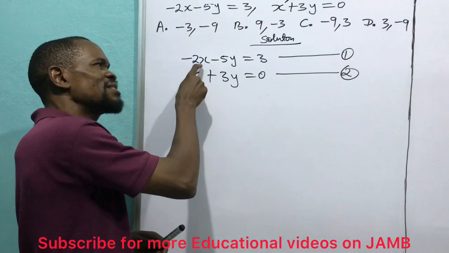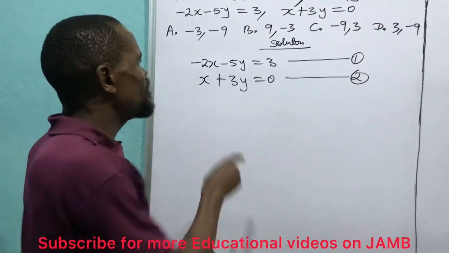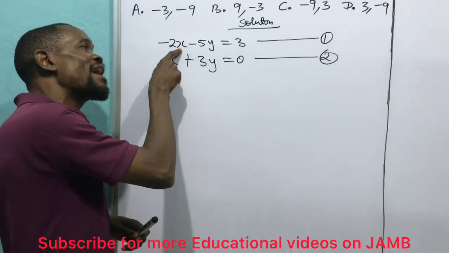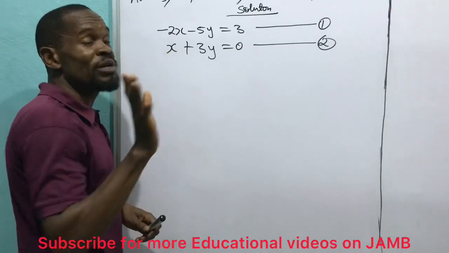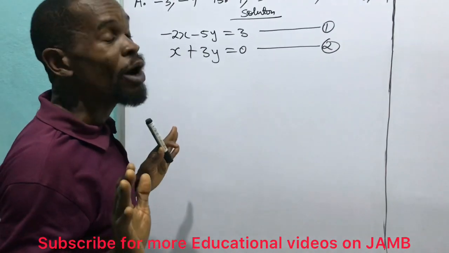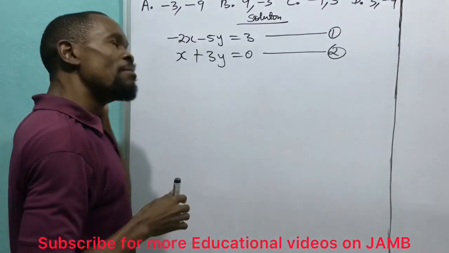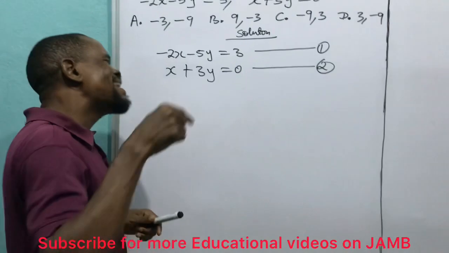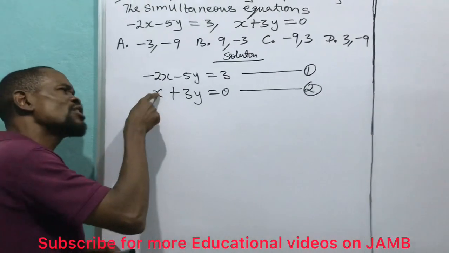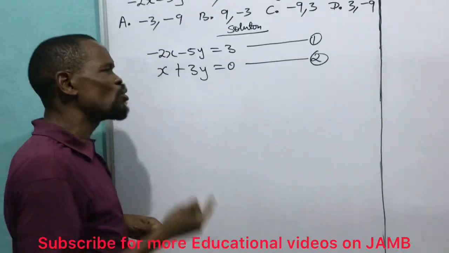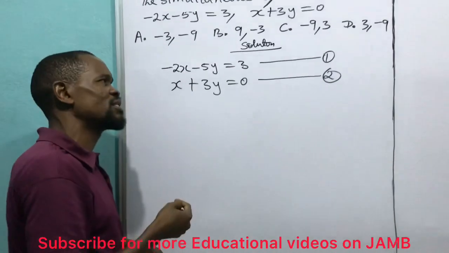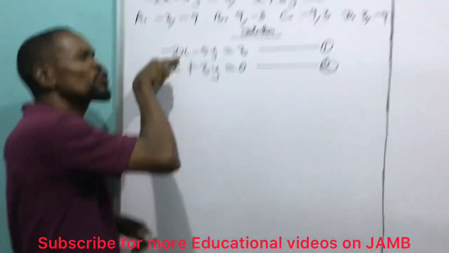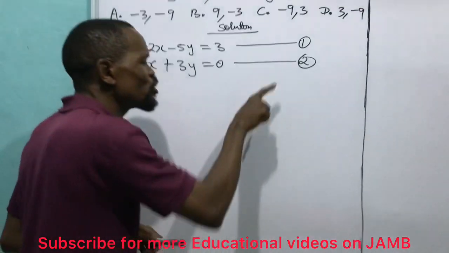For you to eliminate this x, I have to make the coefficients of x here and here the same before I can go ahead and eliminate them. If their coefficients are not the same, I can't eliminate it. Since their coefficients are not the same, I have to use the coefficient of x in equation 1 to multiply through equation 2.